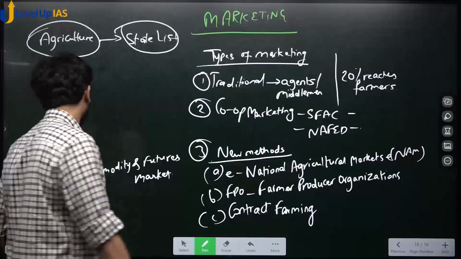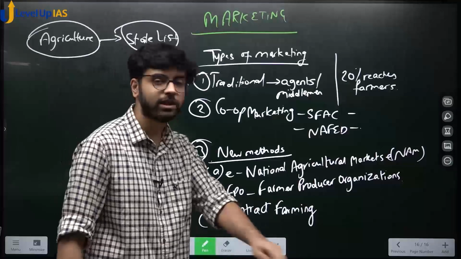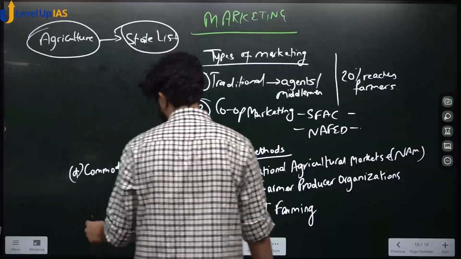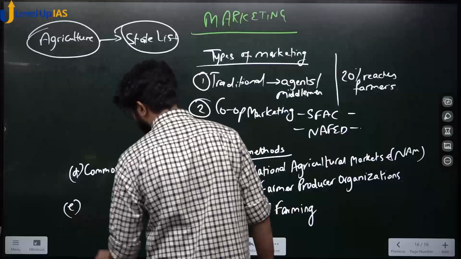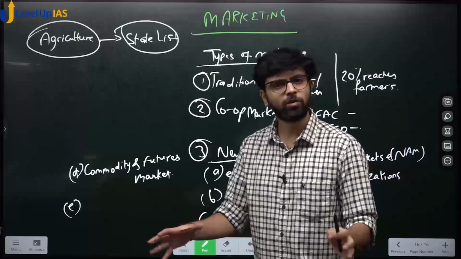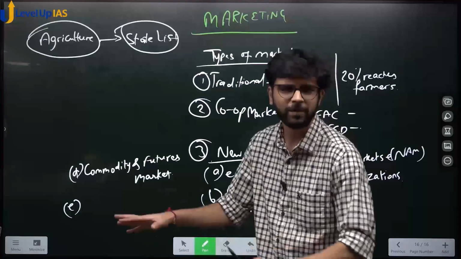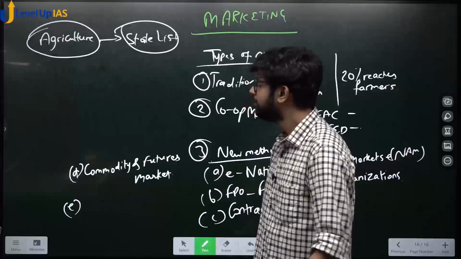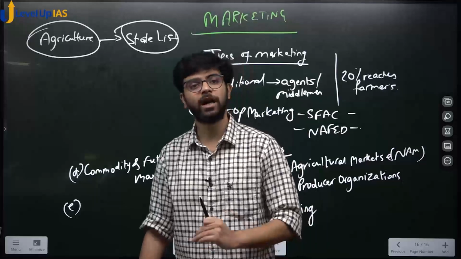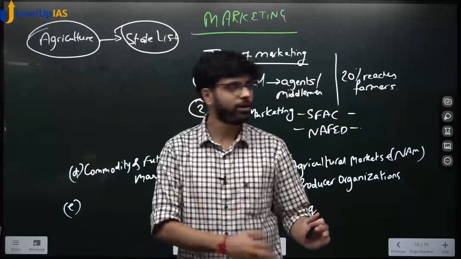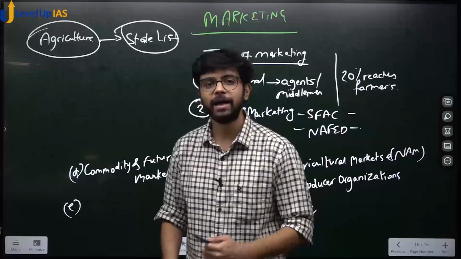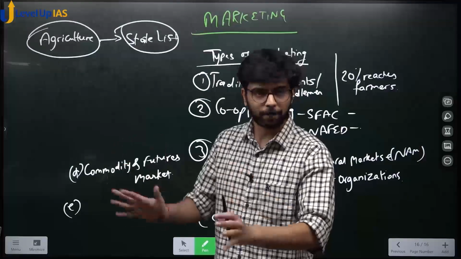Then there is another method, and this was declared in the budget 2 years ago. There are various small markets in rural areas. Small means 4-5 farmers come, they sell, buy. We are planning to institutionalize them. We are planning to bring them online on eNAM. We are planning to make them proper markets.